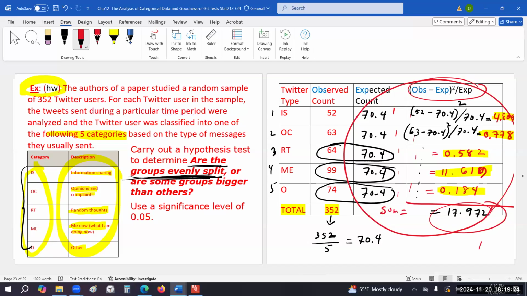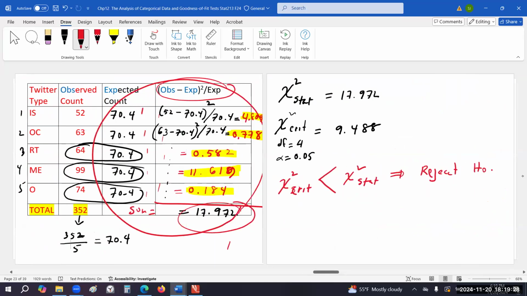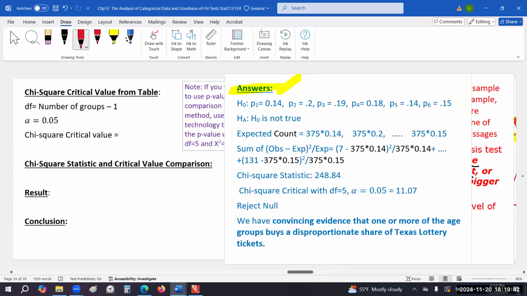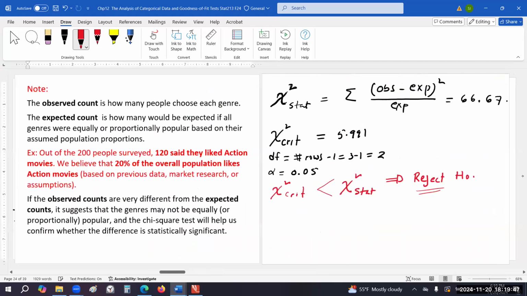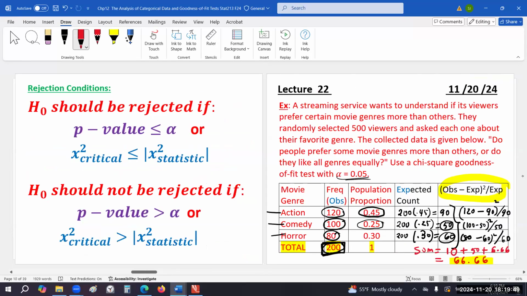How do you know when it's failed to reject? It's the same conclusion. If critical is bigger than stat, we fail. Look at the information written here.